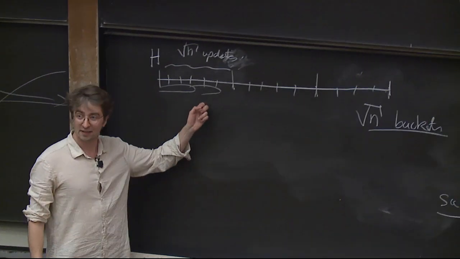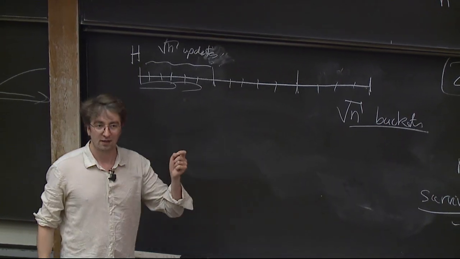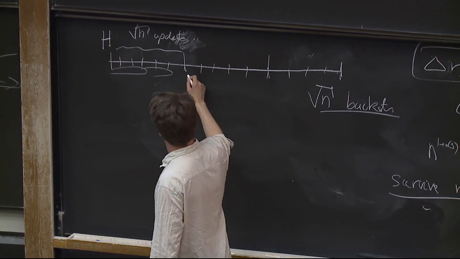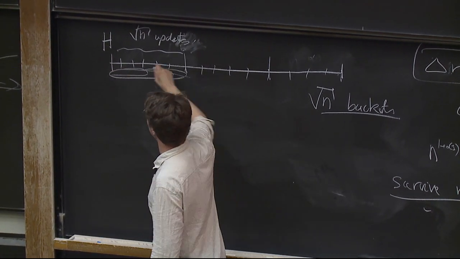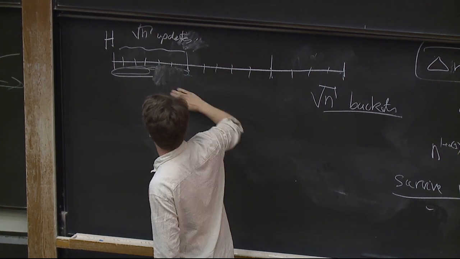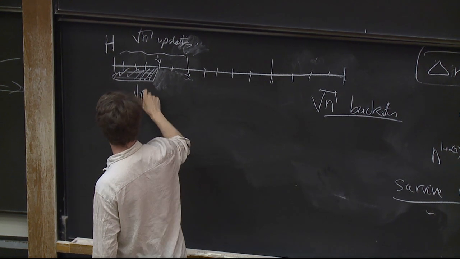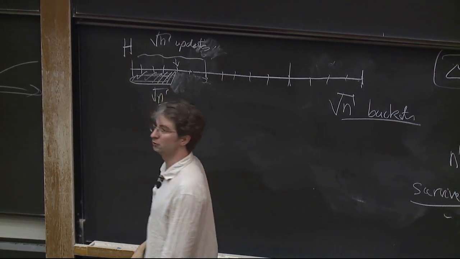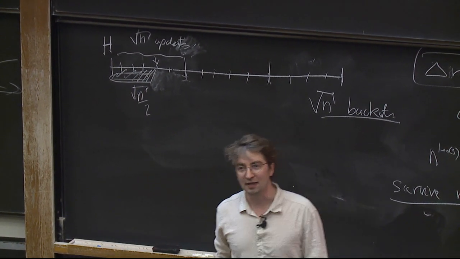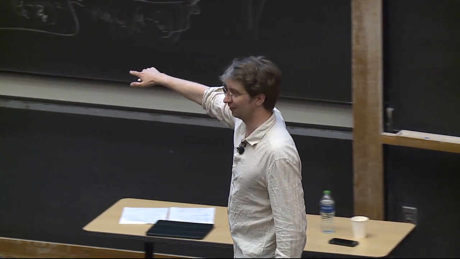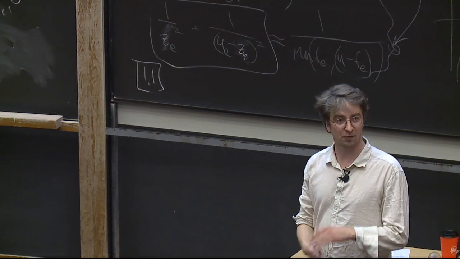So inside this bucket, every time I get an update, I'm going to look at all of the updates so far. So let's say we're here. It's at most square root n, but it could easily be square root n over 2 updates. And then I'm going to build a patch, like a projection to the little graph, that deals with all of these.